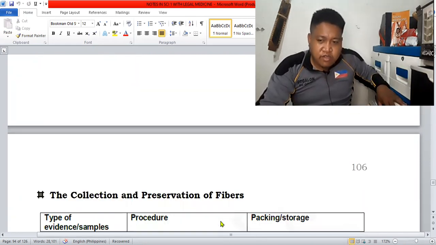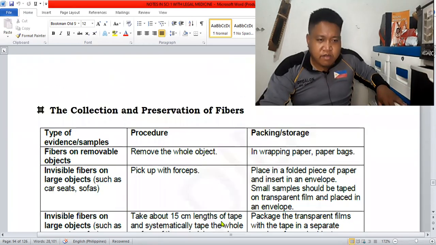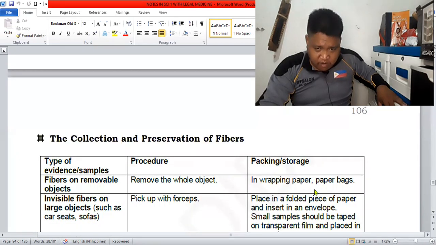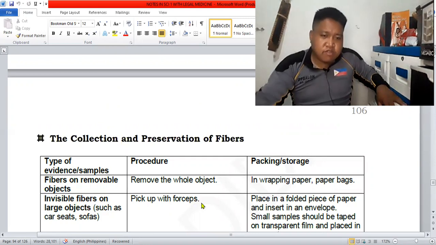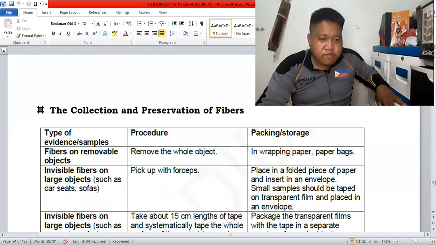Collection and preservation of fibers. Fibers naman yan. Fibers on removable object: remove the whole object and keep it in wrapping paper or paper bags. Invisible fibers on large objects: pick up with forceps. So use forceps. Yan ang procedure.